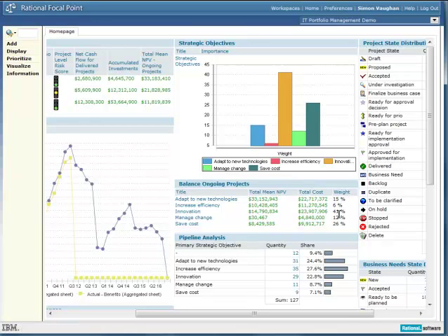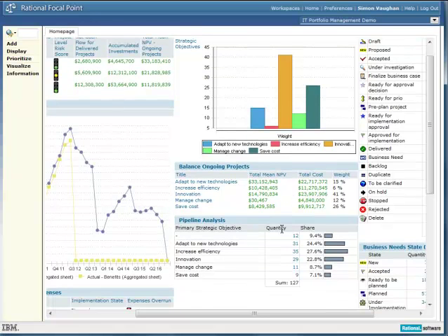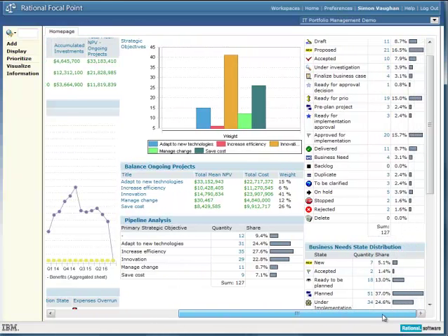It's 41% of the overall weighting. But at the moment, all of the projects that are aligning to that objective are not delivering a significant amount of net present value, and they're costing a lot. So maybe what I want to do is to look at the pipeline of things that are going to help me to innovate and look at ways that we can promote those and get those into the pipeline faster.